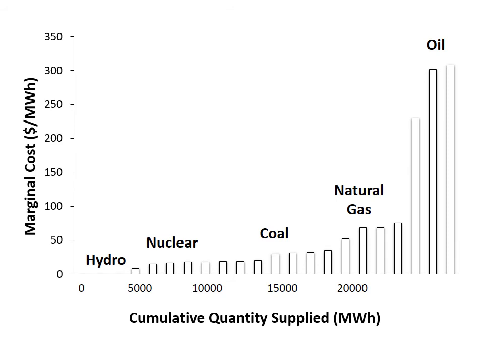So once you go out to about 20,000 megawatt hours, if you're a system and you want to produce that in the least cost way possible, that's going to require you to use some amount of natural gas. And if you go much beyond that, it's going to require you to produce electricity using oil, which would be much more expensive.